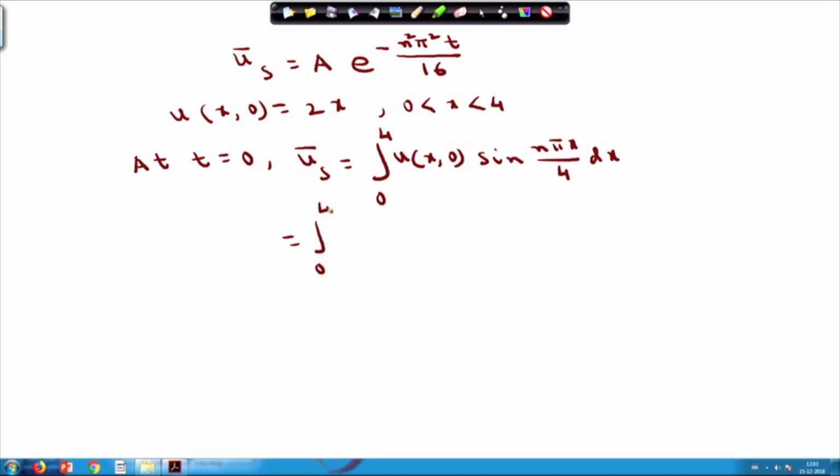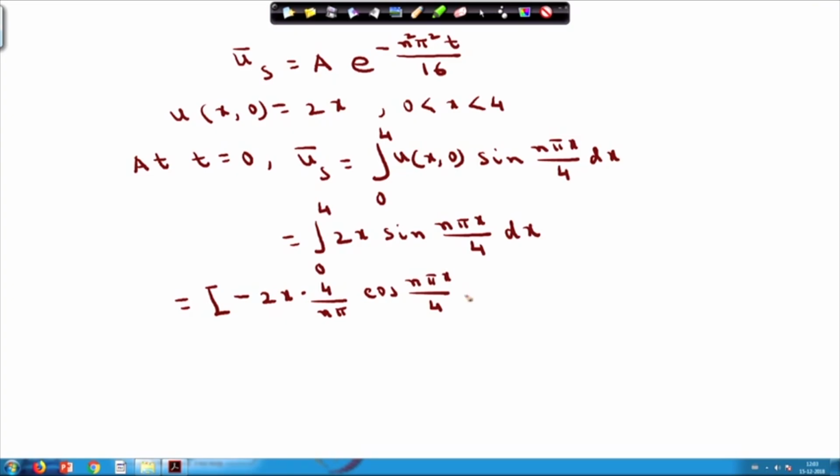So, this equals the integral from 0 to 4 of 2x sin(nπx/4) dx. If you evaluate the integral by parts, you get minus 2x into 4 by nπ cos(nπx/4), and the other term will be 2 into 4 by nπ into 4 by nπ sin(nπx/4), with limits from 0 to 4.